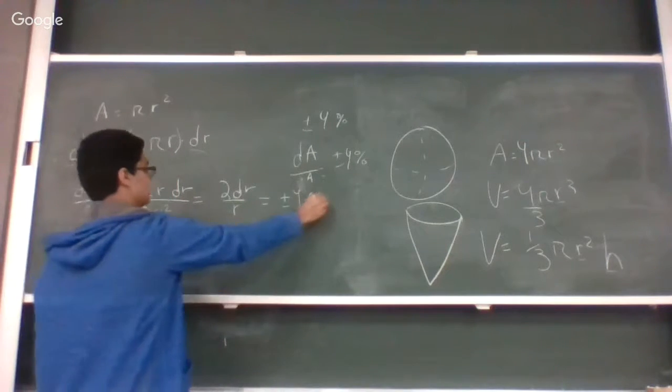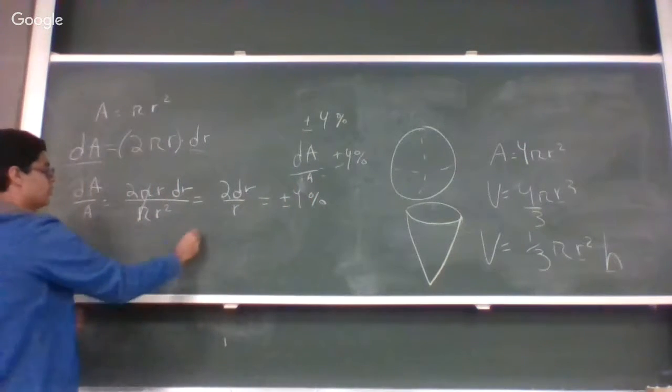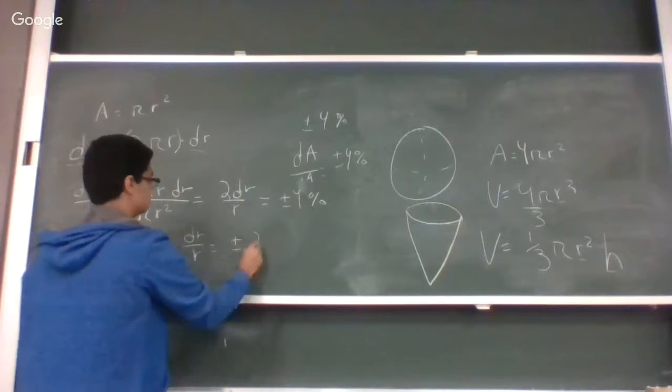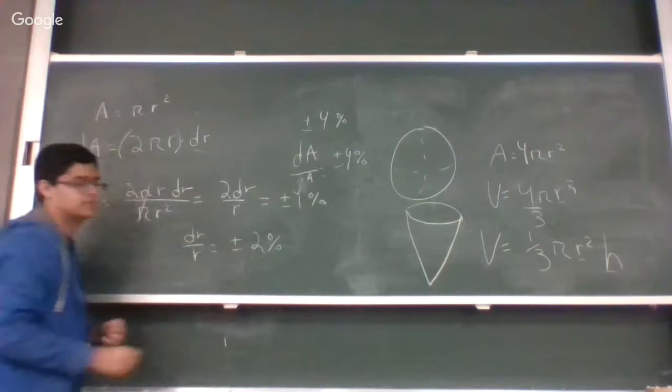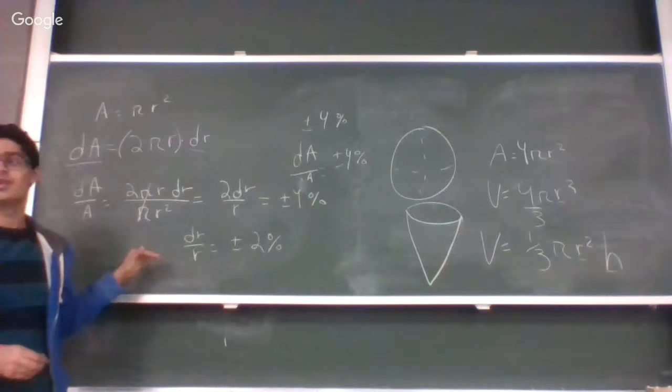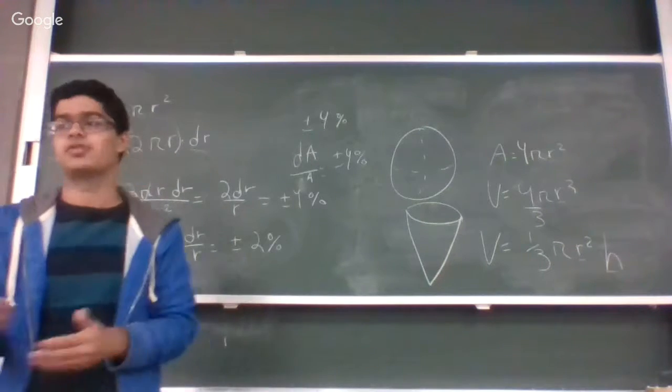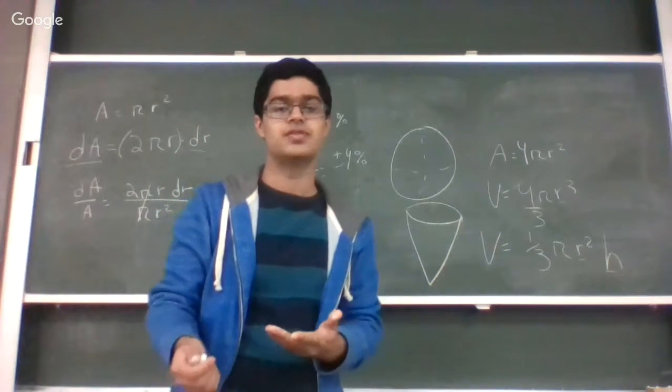Or we can write it 0.04. So then dr over r is equal to plus or minus 2%. This tells us that we need to measure the radius within 2% to get the accuracy for area within 4%.